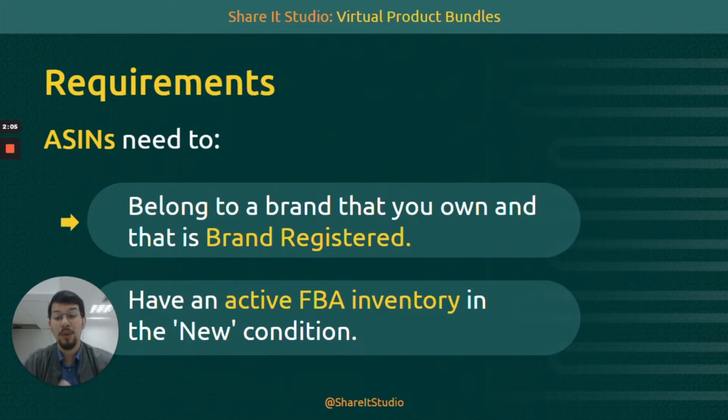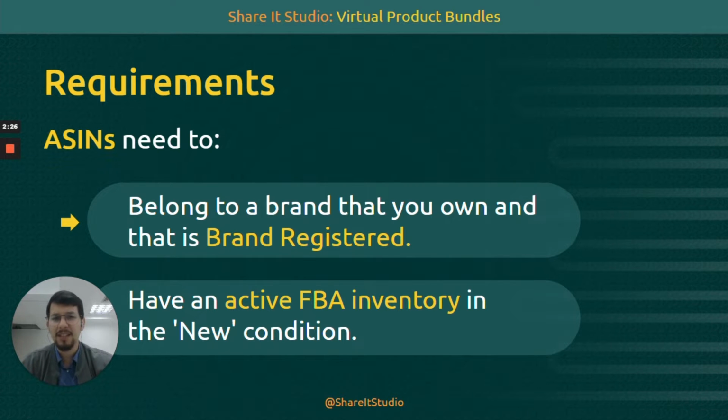Now, let's go with the requirements that you need to use virtual product bundles. Firstly, your ASINs need to belong to a brand that you own and that is brand registered. As with almost any feature Amazon offers to help their sellers, you need to be brand registered.